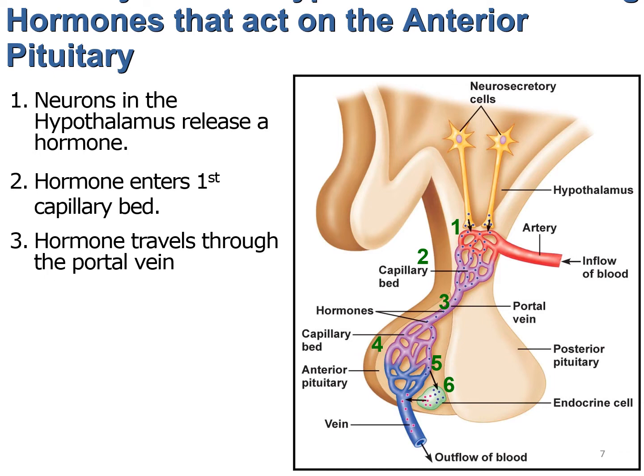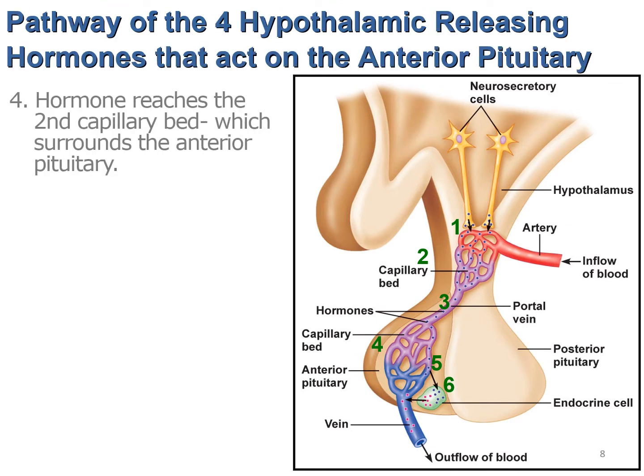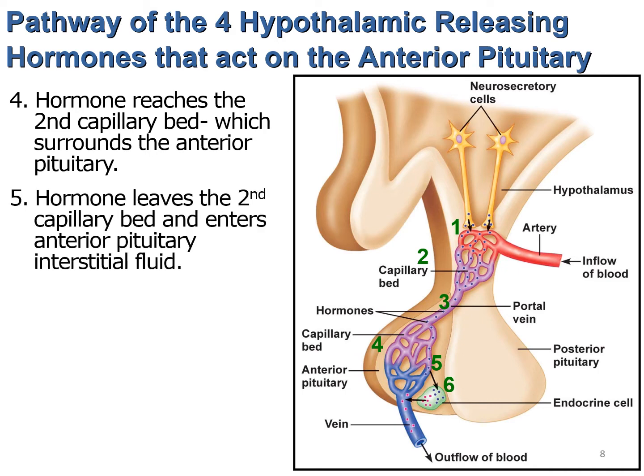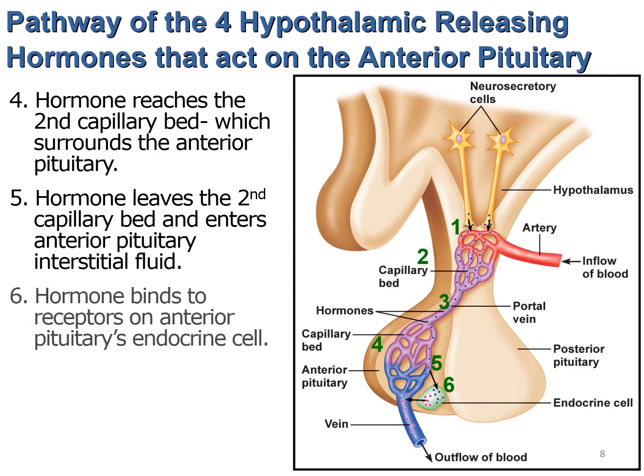Then it travels through the portal veins of that portal system into the second capillary bed there. Hormones then pass from that capillary bed into the tissues of the adenohypophysis or anterior pituitary gland, and there they interact with their target cells, causing the release of hormones from those endocrine cells that are in the anterior pituitary gland.